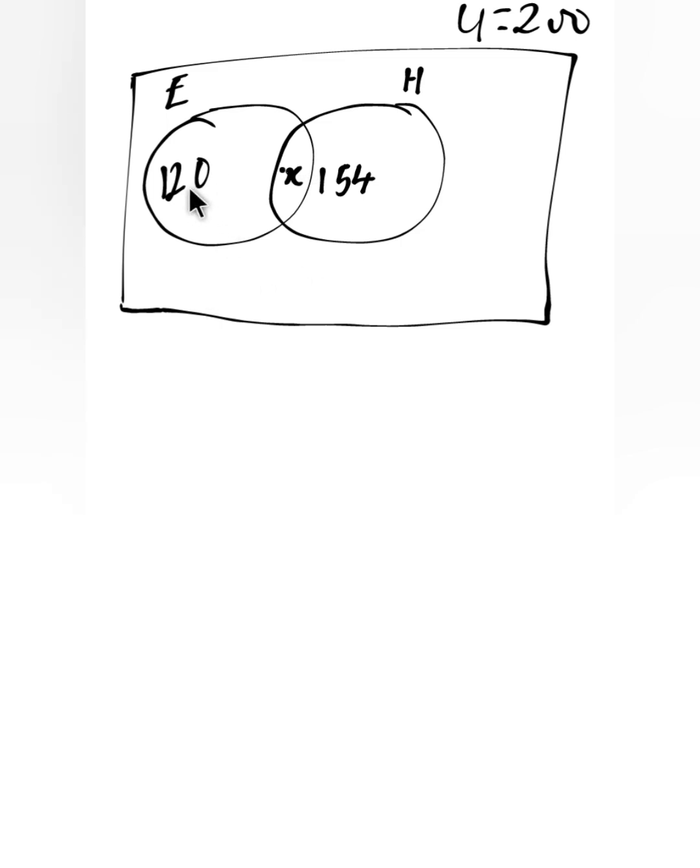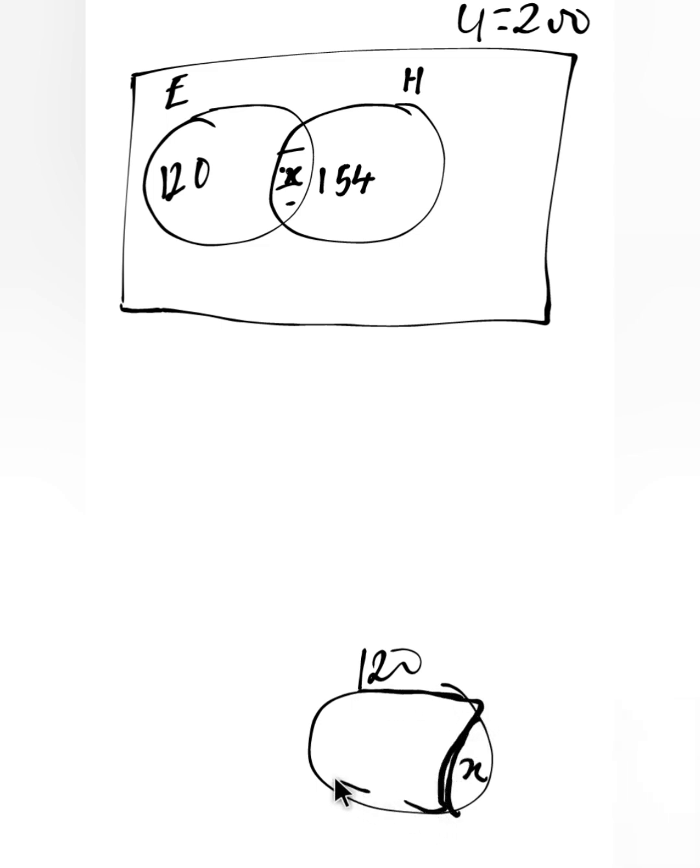Now observe, if the whole of the circle is 120 and this part of it is X, what will be left? Now let me try to explain it here. Look at the entire circle. This whole circle was 120, while this part of it is X. So this fraction that is left, how can we classify it?